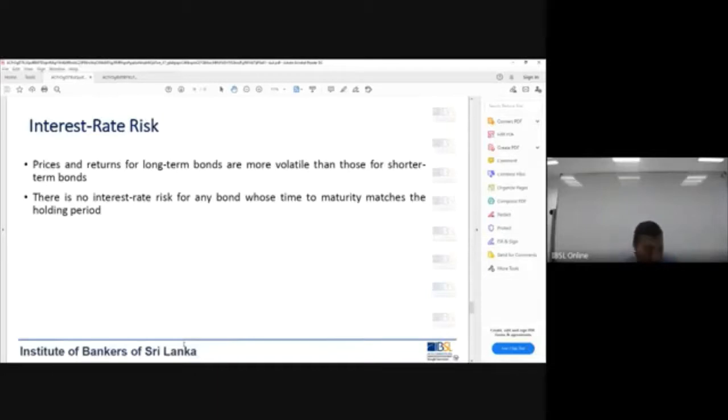But this negative relationship becomes much stronger or more significant when it comes to a longer duration of the financial asset, because that has to repeat across the time. If it is 10 years, it has to repeat 10 times.